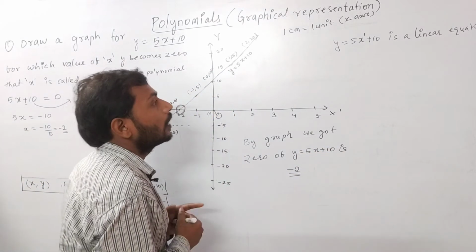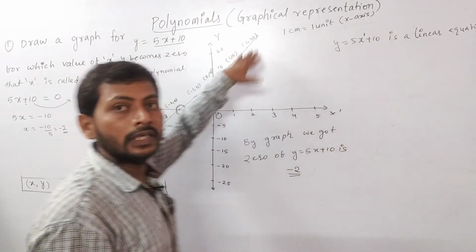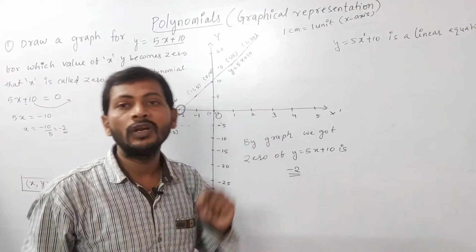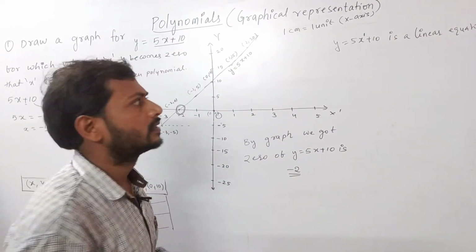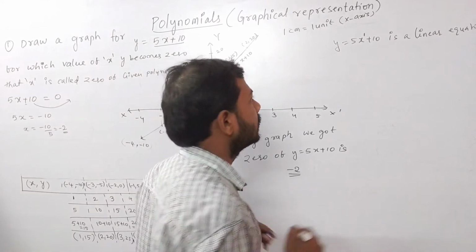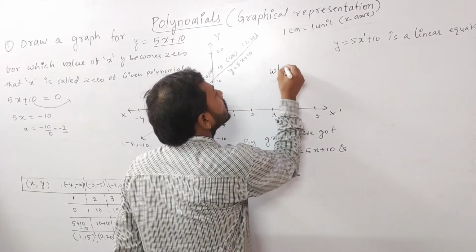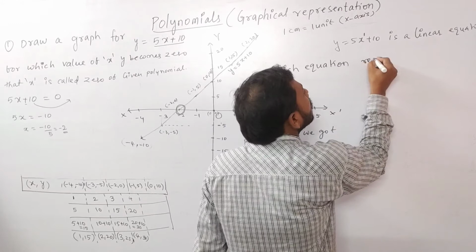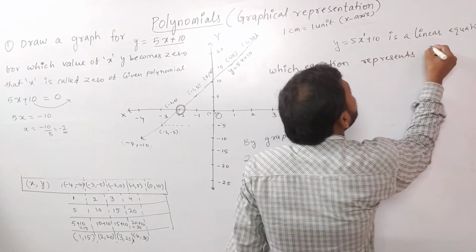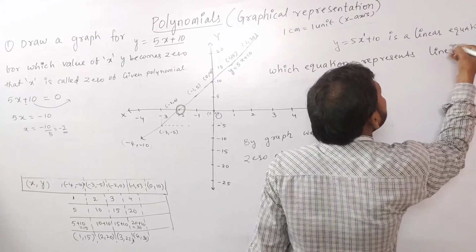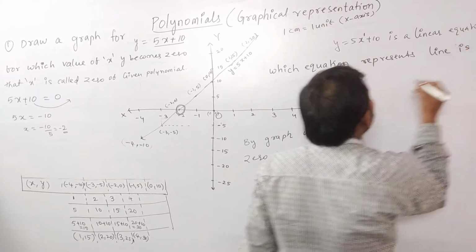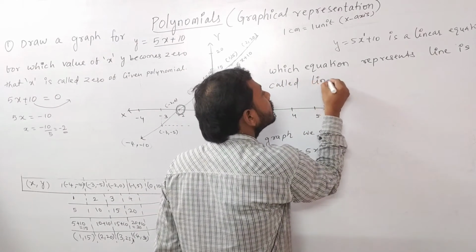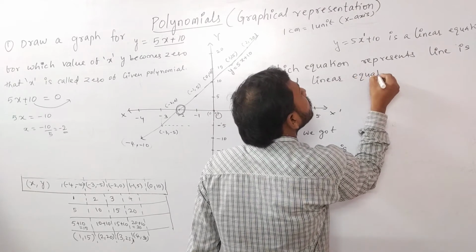So now I am going to write from our knowledge, from this discussion, what we understood, that thing only. I am writing like this. What is meant by the linear equation? Simply I am writing: an equation which represents a line, otherwise a straight line, is called a linear equation.